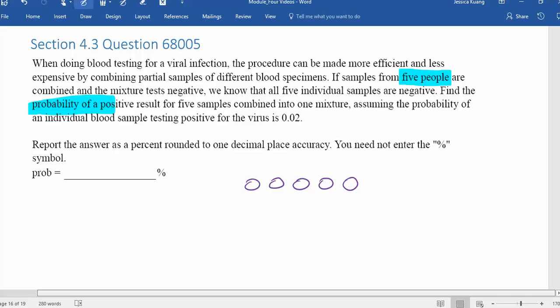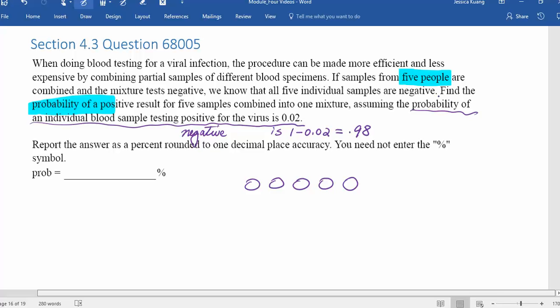Now, one hidden piece of information is that if the probability of an individual blood sample testing positive for the virus is 0.02, then the probability of a blood sample testing negative for the virus will be 1 minus 0.02, which is 0.98. That means 2 out of 100 people will test positive, and 98 out of 100 people will test negative.